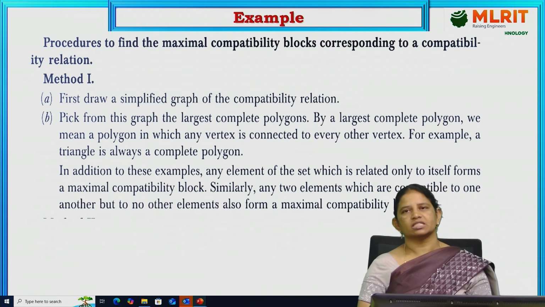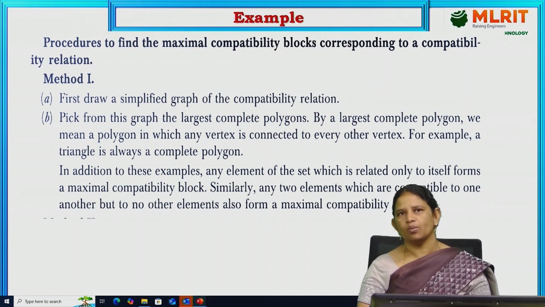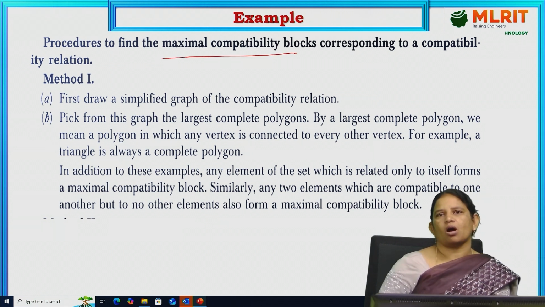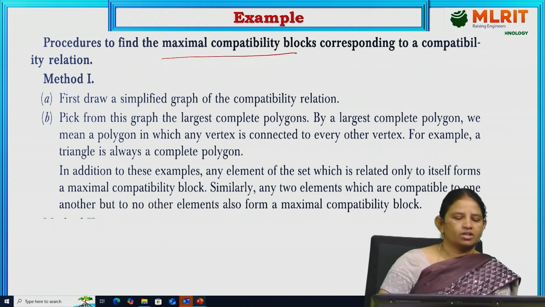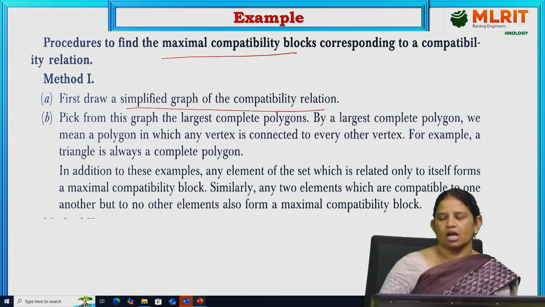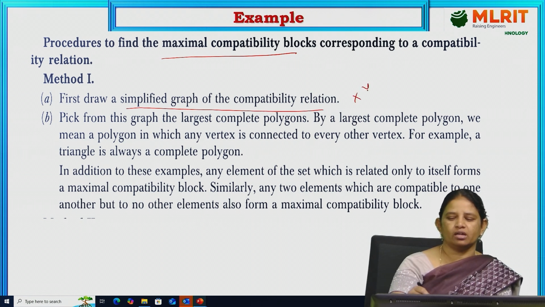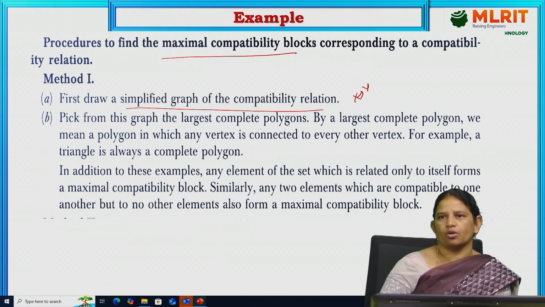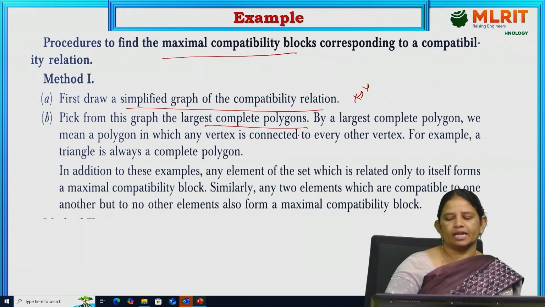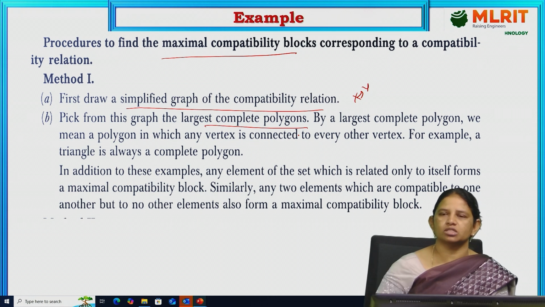Now, we need to construct the compatibility blocks. That is called the maximal compatibility graph. First, we need to draw the simplified graph of whatever relation has been given. Suppose the relation is x to y, then you draw an arrow from x to y. Next, from the graph, pick a large complete polygon.